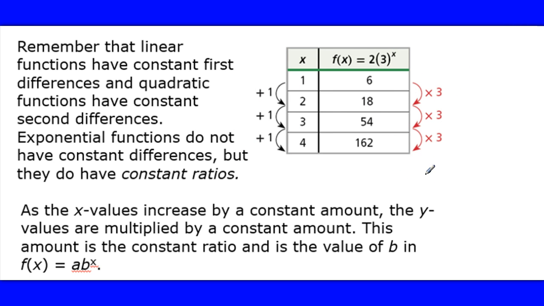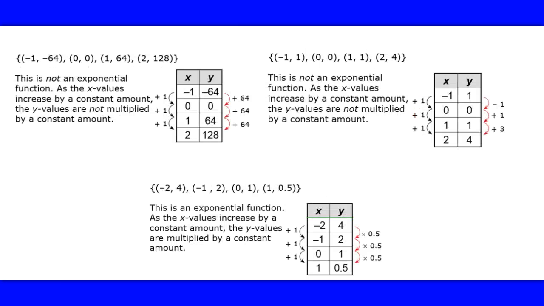So they're multiplied. The basic format for this would be right here, okay, where A is going to be the value you start with, B is going to be your constant ratio, and X is the number of times that this occurs, okay? All right, so here's some examples. Let's take a look at these.